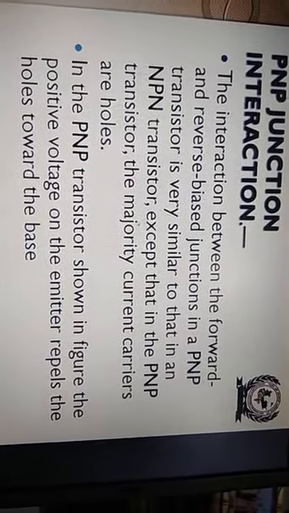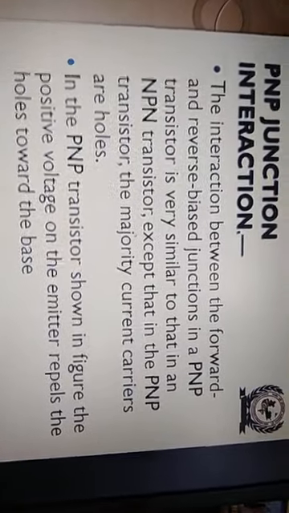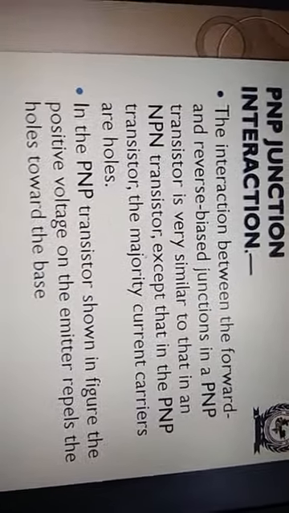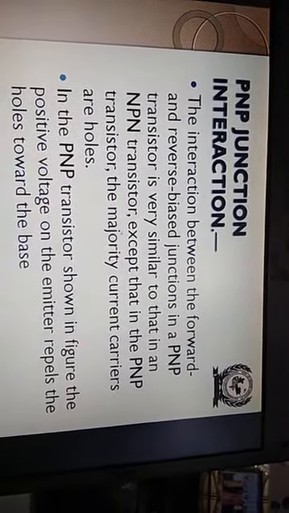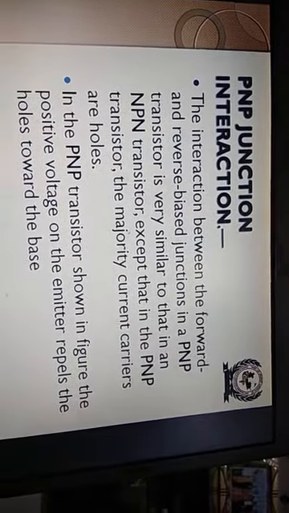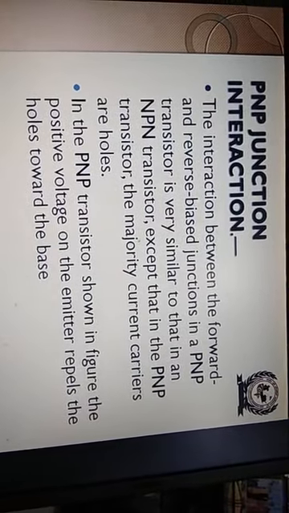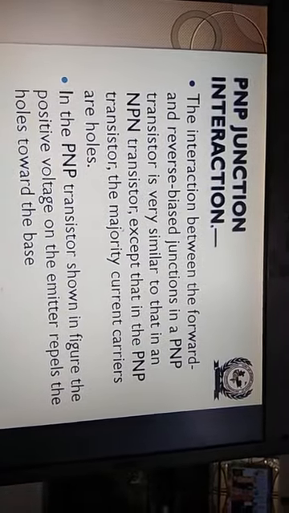In the PNP transistor shown in the figure, the positive voltage on the emitter repels the holes toward the base, which we have already seen. The flow of electrons and holes, majority and minority charge carriers, in PNP and NPN type transistors.